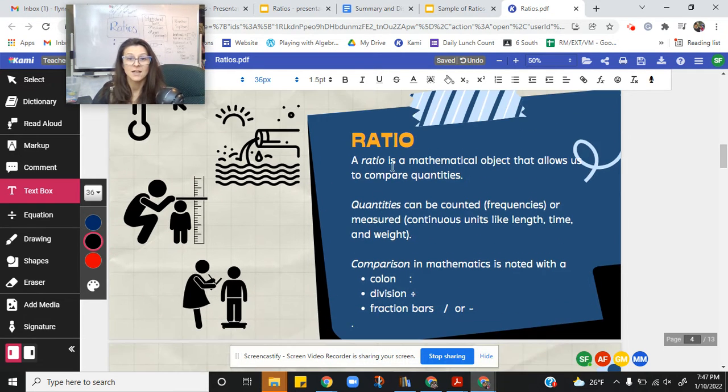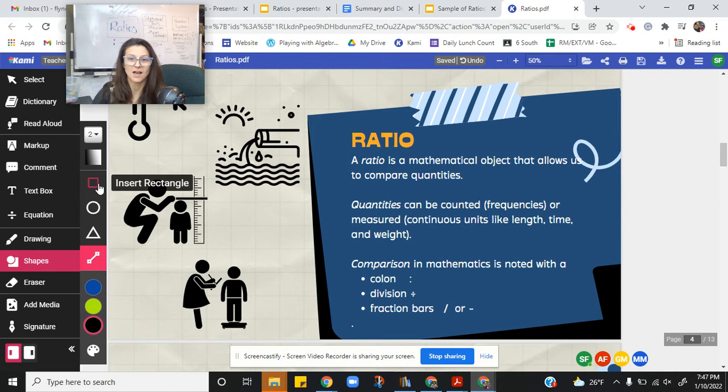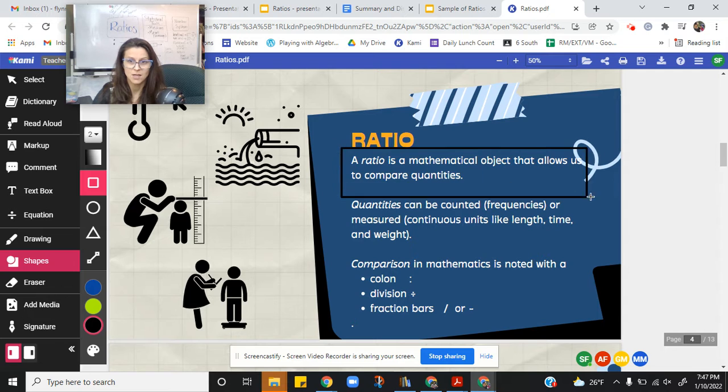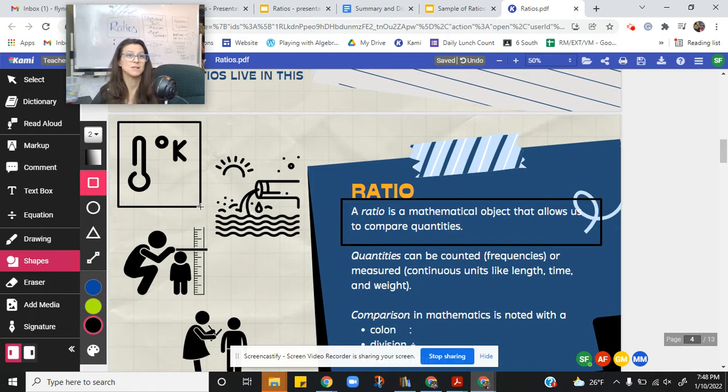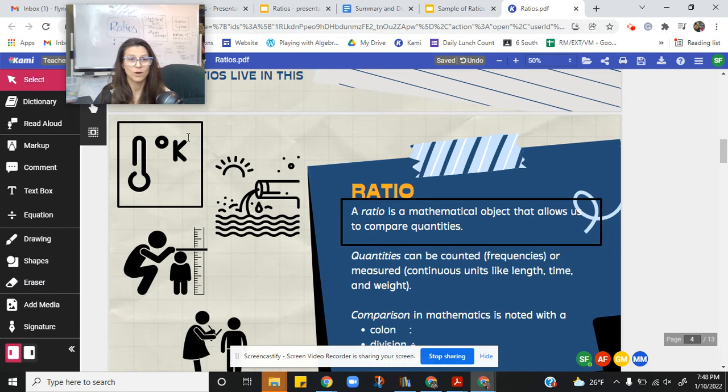A ratio is a mathematical object that allows us to compare quantities. When we're comparing quantities, we often do it to make sense of the world around us. Some measurements that lend themselves to ratio thinking really well include the Kelvin scale for temperature.